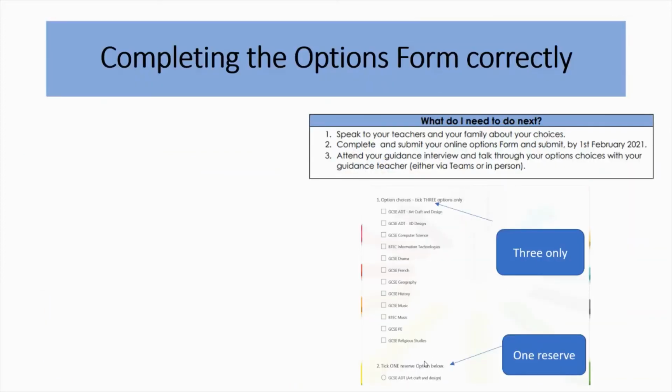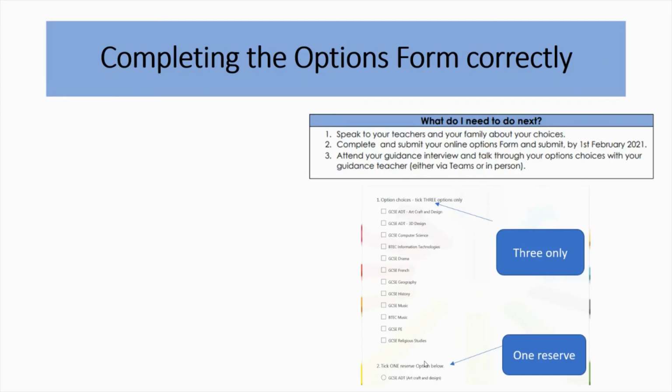In terms of completing the options form, I'm going to send the link for this next Monday. So you've got the whole weekend to talk through with your family, and email your teachers on Friday and Monday, and see which subjects you might be interested in choosing.